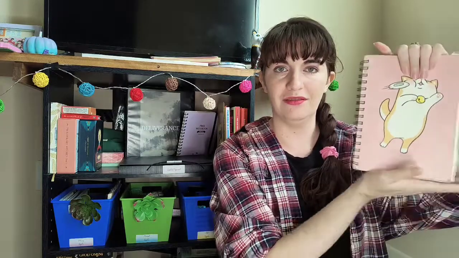So again, for comparison, the premise, 1 page. The plot embryo, 2 pages. The 27 chapter plotting method from Katytastic, 6 pages. And that's just the pages that are in this little notebook.